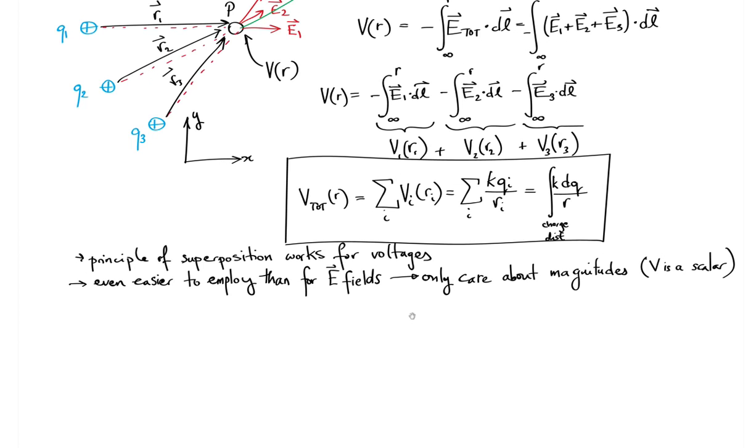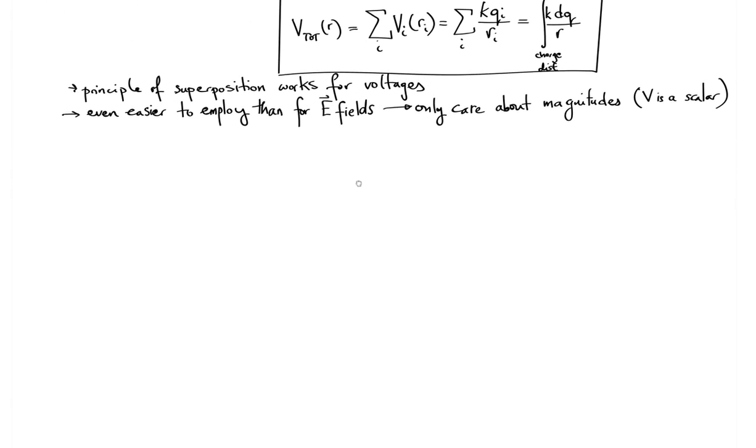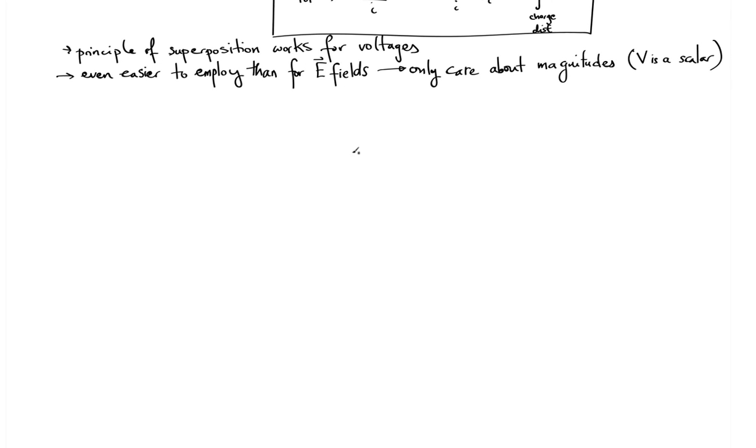So the last thing I want to talk about in this video is just a quick proof or demonstration as to why, let's say, the electric field from a point charge, and in fact all electric fields, are conservative.